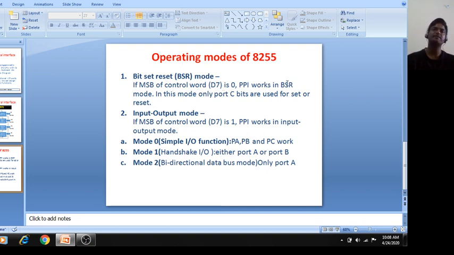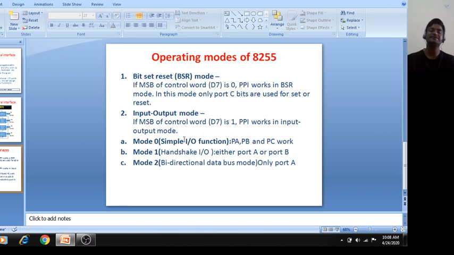And again you have to remember, only port C bits are used to set or reset, not port A or port B. Next, input output mode. If the MSB of the control word is 1, then 8255 will work in input output mode. And this input output mode is further divided into three modes: mode 0, mode 1 and mode 2.